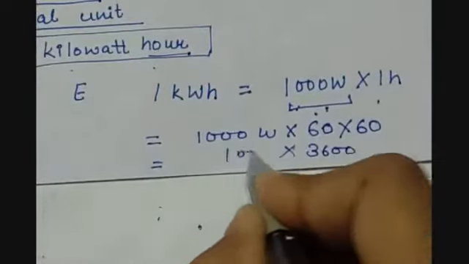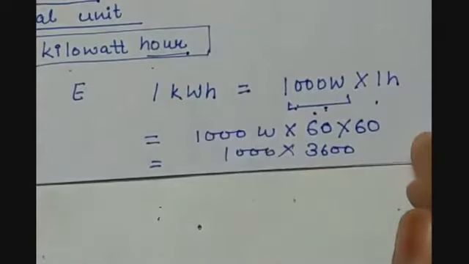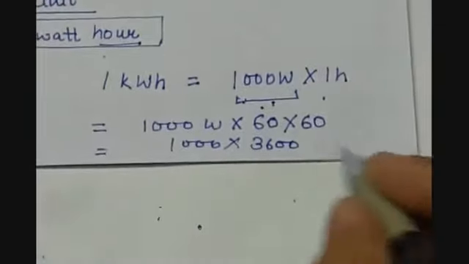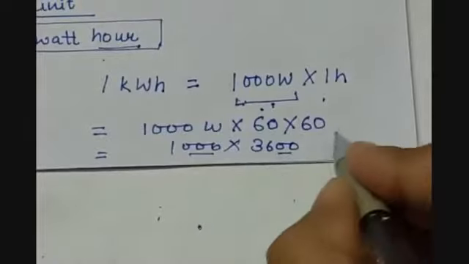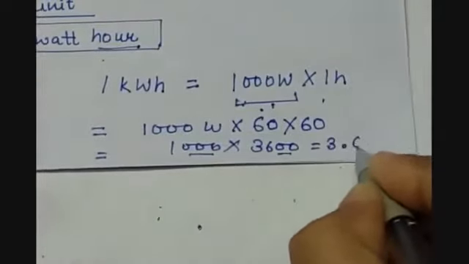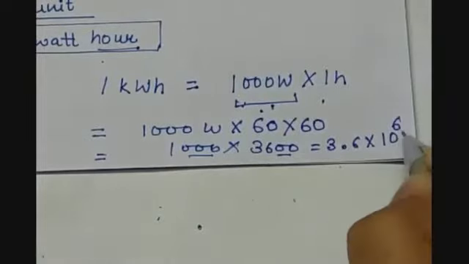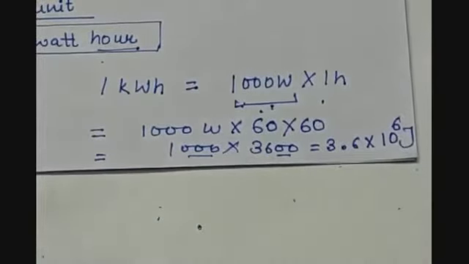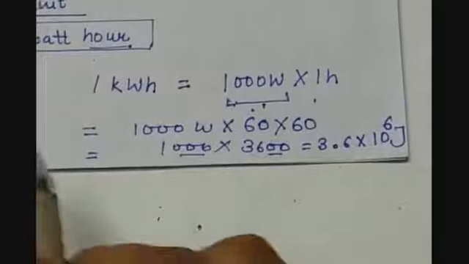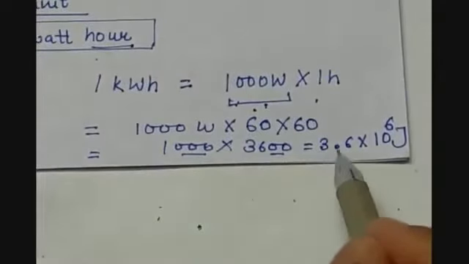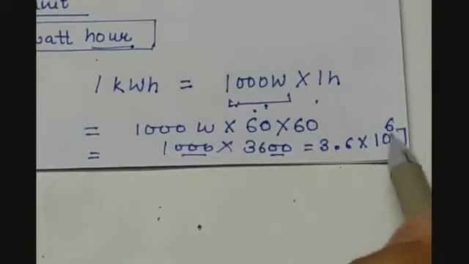So the total value becomes 3.6 into 10 raised to power 6 joule. So 1 kilowatt hour is equal to 3.6 into 10 raised to power 6 joules.